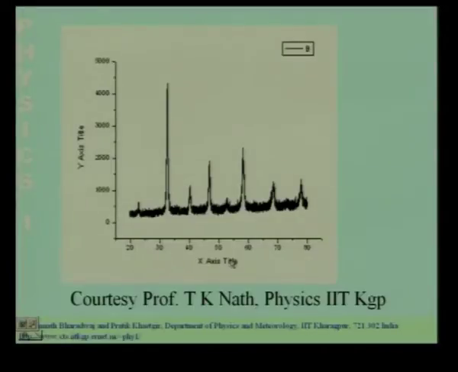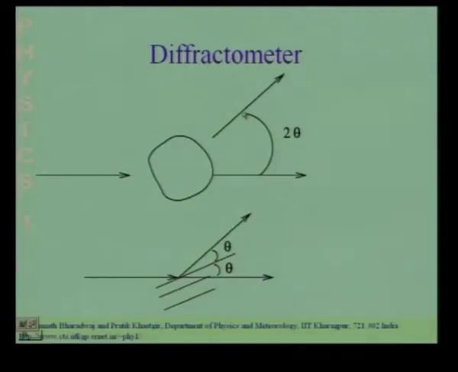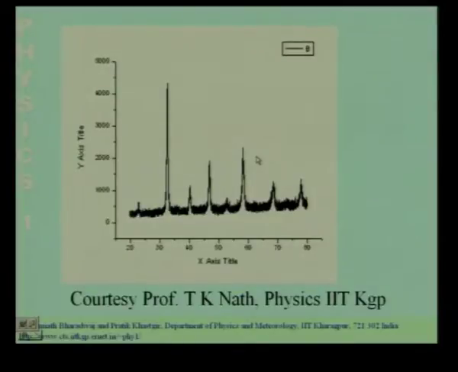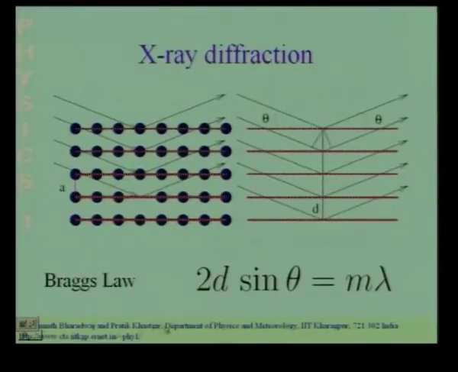So, the x axis has 2 theta, the y axis has the intensity. Notice that as you vary the angle 2 theta, you find that there are maxima in certain directions. In certain directions the scattered X-ray has a very high intensity, and these you can interpret as the maxima of the diffraction pattern. These are directions where the formula 2d sin theta equal to m lambda is satisfied.